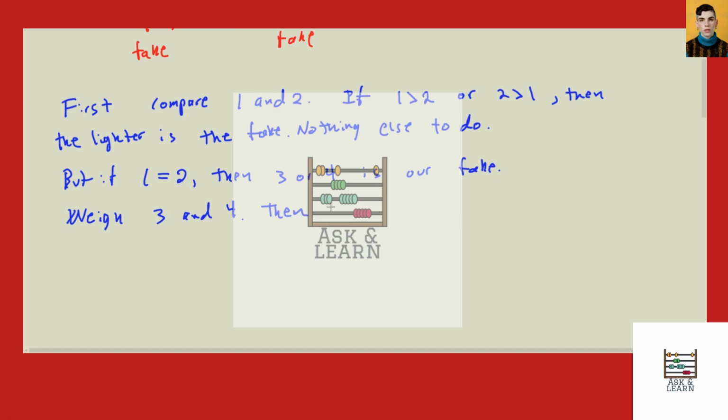Then whichever is lighter is our fake. So this would be the algorithm that we would use for this one here. You could actually make it more like an actual computer program, but at least for our purposes, I think just stating it like this is sufficient for the algorithm.